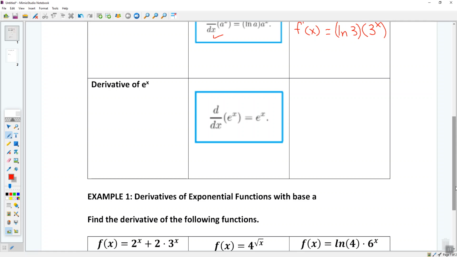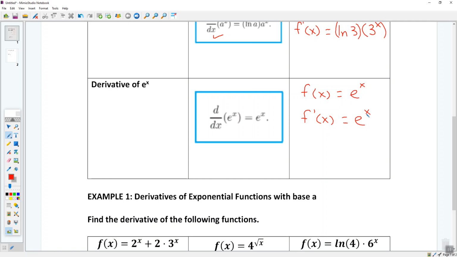Let's talk about why that's true, okay? If I gave you the function f of x is equal to, I don't know, e to the x like this. F prime of x then, according to that, is what? Okay, let me show you why. By the rule right here, if you understand that e is some number, it's a natural number, about 2.718, right?